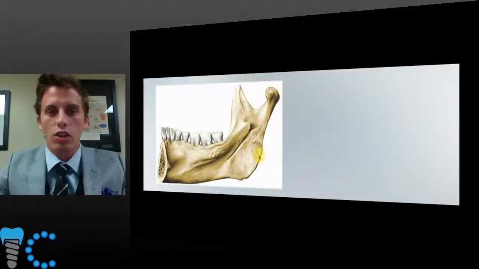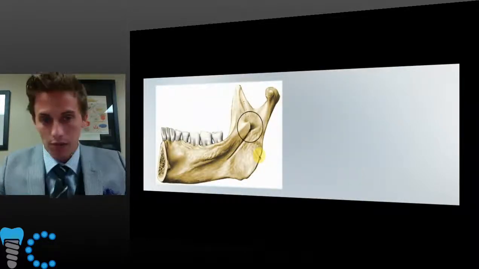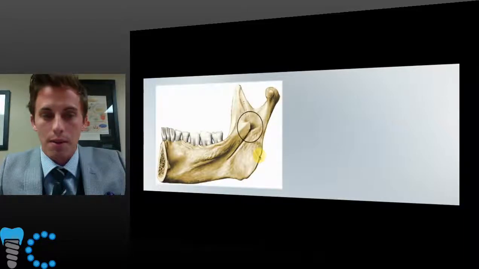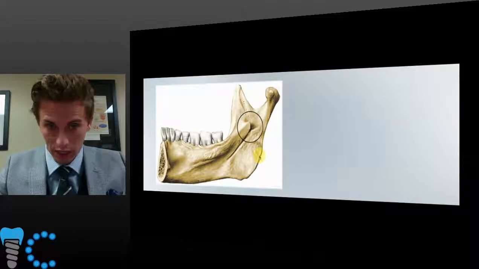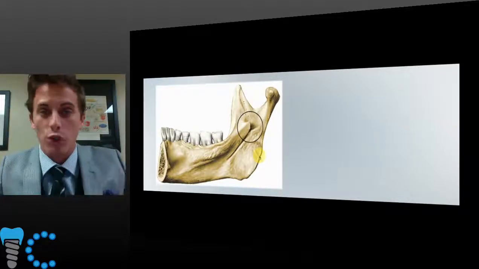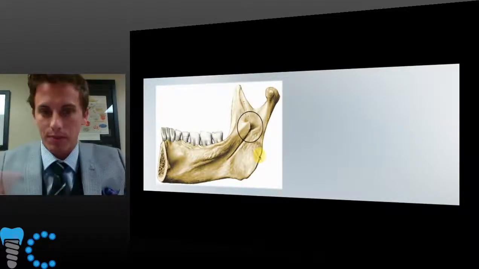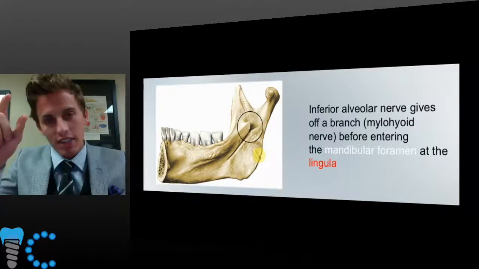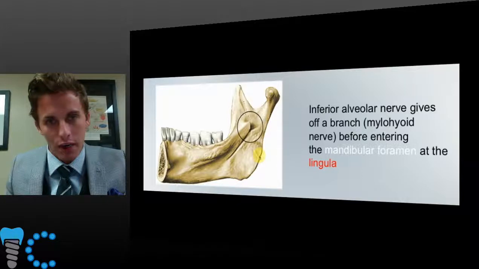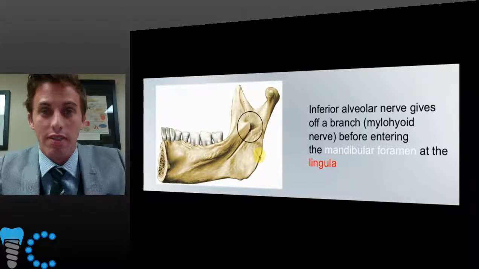So to look a little closer at this is the medial portion of the mandible. We have the vertical portion of the mandible, which is called the ramus. And this is where the inferior alveolar nerve gives its branch to the mylohyoid before the nerve dives into the canal.